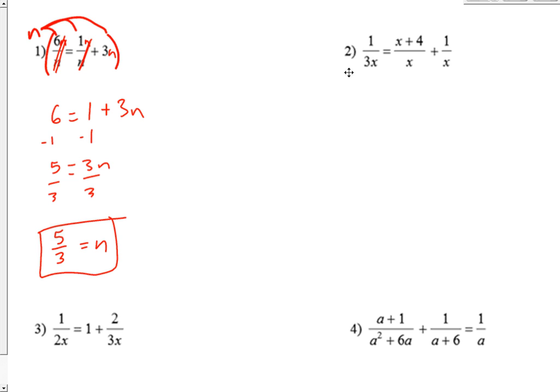When I look at the second example, I've got x in each of the denominators, and I also have a 3 over here. So I'm going to need the 3 and only one x, because I just want what needs to be common. I already have an x that is common, and the 3 is not in all of these, so I just need the 3 and an x to distribute.